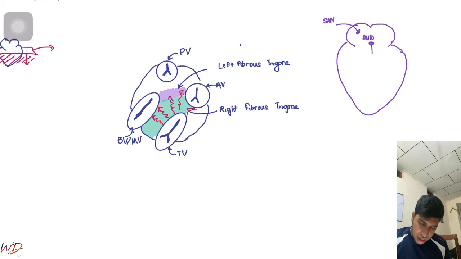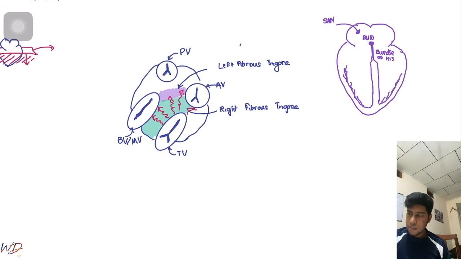And from it originates the bundle of His, which divides into two as the left and right bundles of His, go down and go up again as Purkinje fibers.